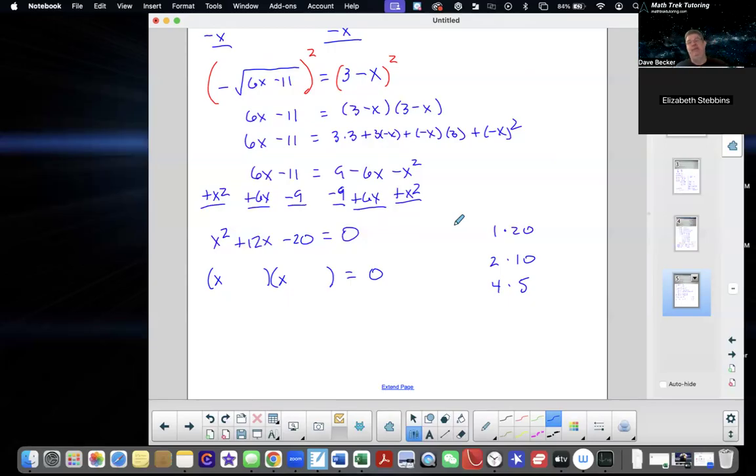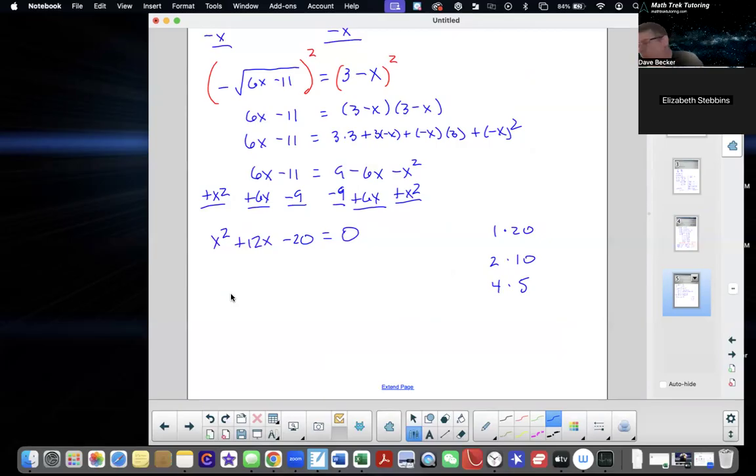Okay, so we can't factor it. So then we're going to have to use the quadratic formula. Do you remember it? Yes. I'm going to write that down. Can't factor.